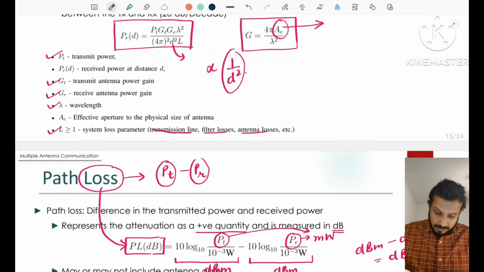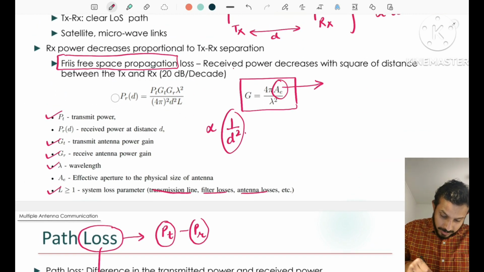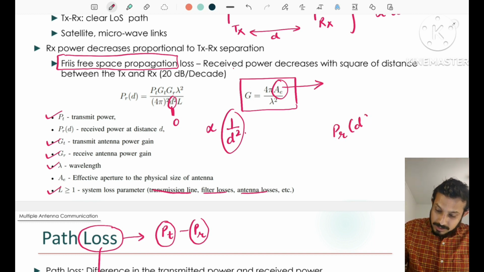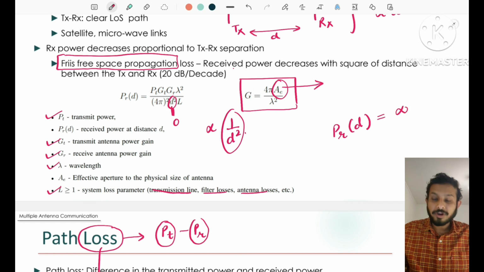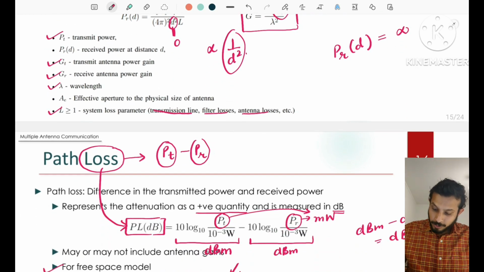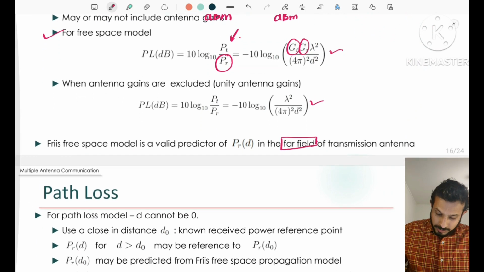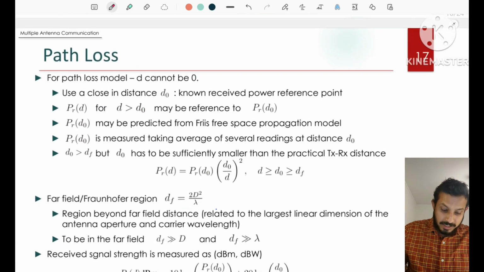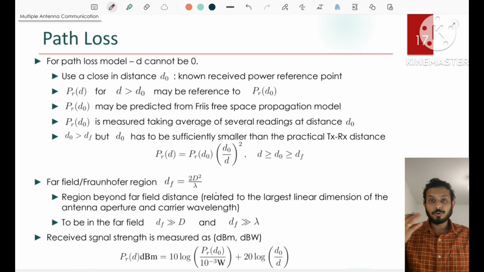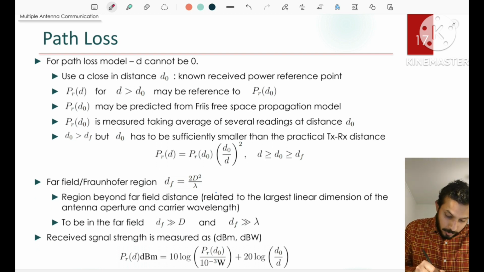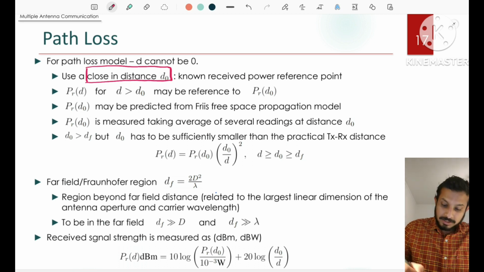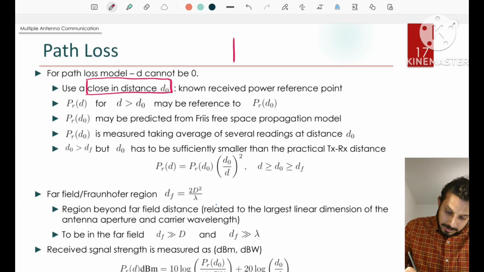However, if we see this scenario, it can be observed that if d is equal to 0, then the received power at a distance d is equal to infinite, which is obviously not possible. So this is not valid when d is equal to 0. To improve upon this model, there is a close-in distance d naught. Let's say we have a transmitter and a receiver.